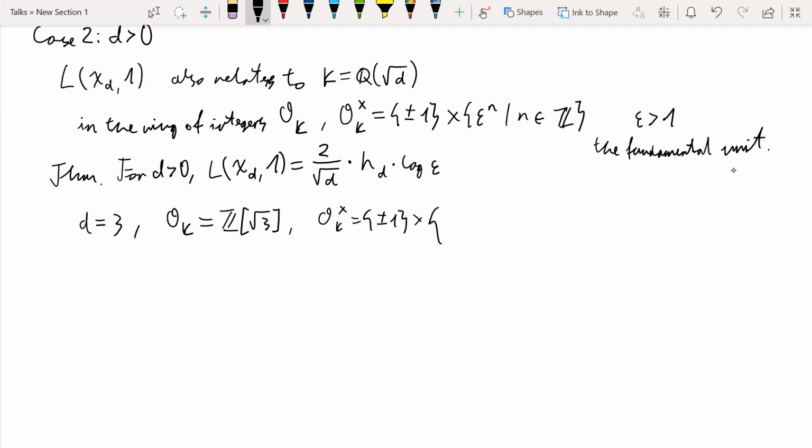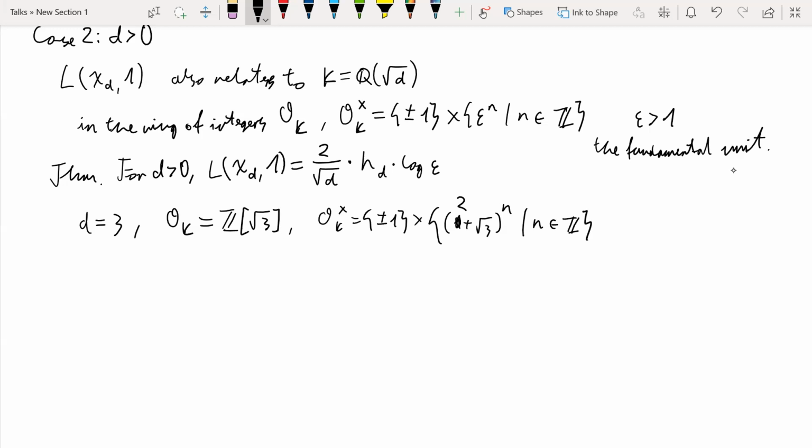And the other non-trivial units are going to be given by powers of the element 2 plus square root of 3, to the power of n, where n is in Z. I have to fix that in my notes.